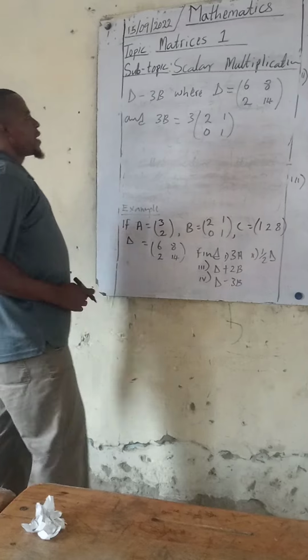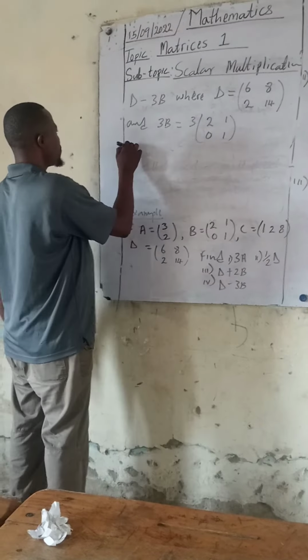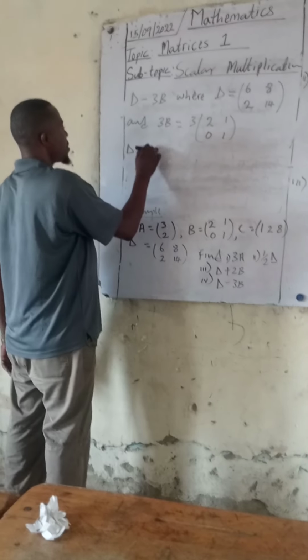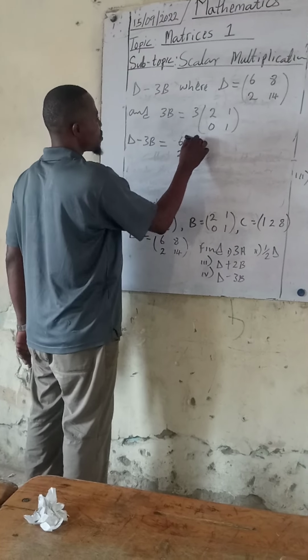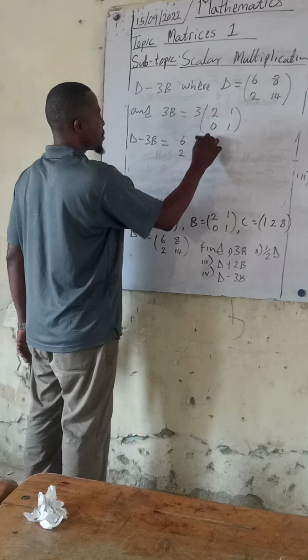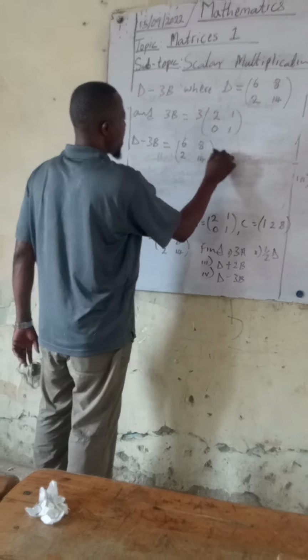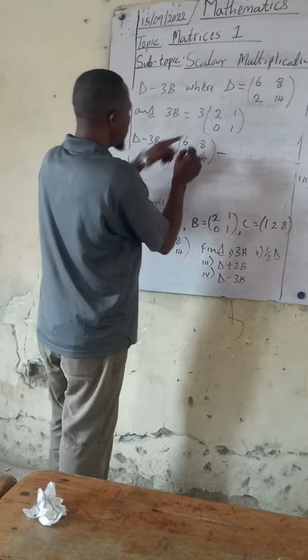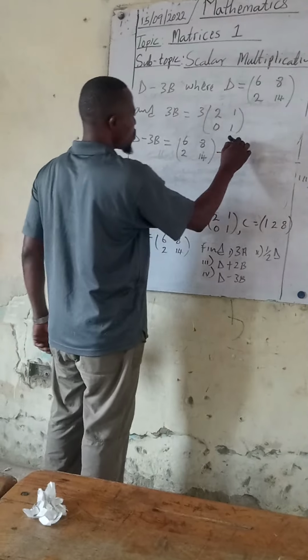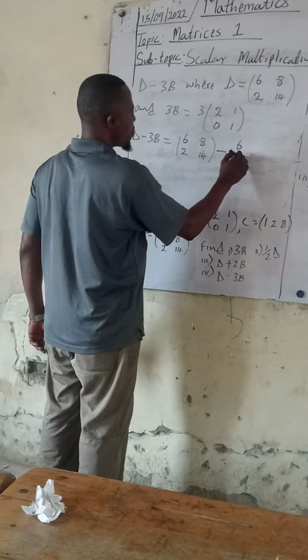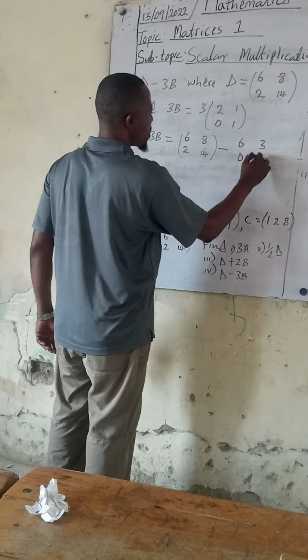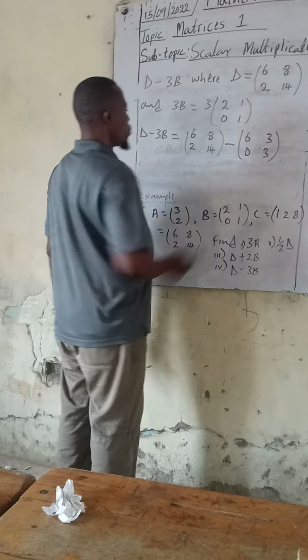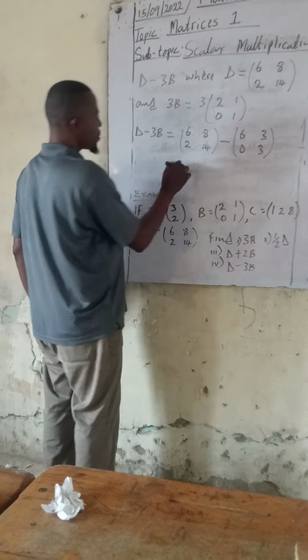Then we'll combine them together. So we have D minus 3B equals 6, 2, 8 and 14, minus, here now 3 times 2, we have 6. 3 times 0, 0. 3 times 1, 3. 3 times 1, 3.